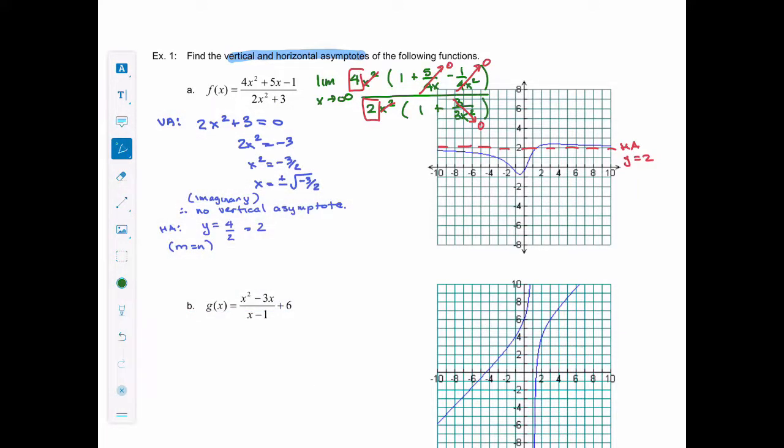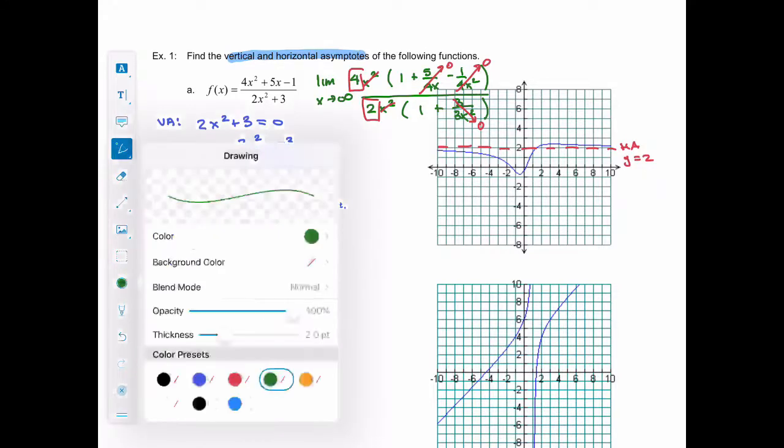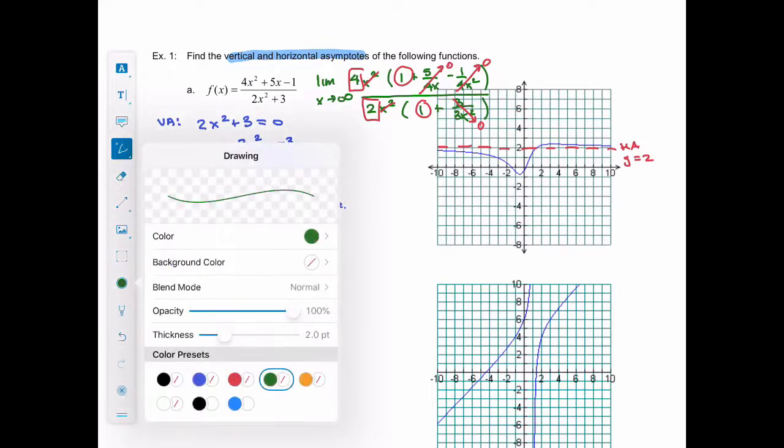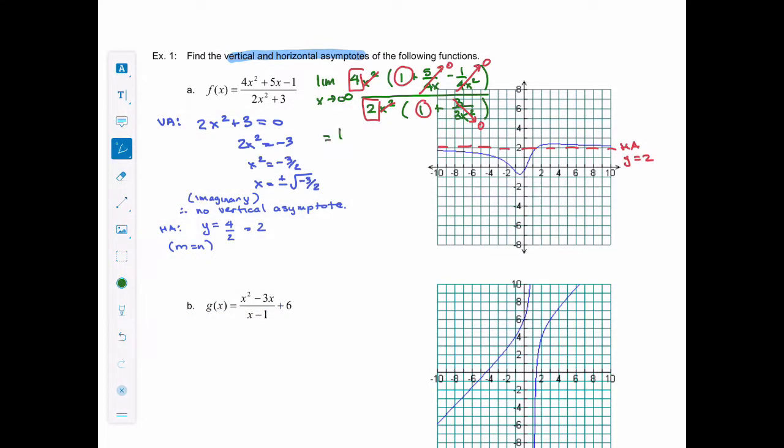So what is left? We have the 1 and we have the 1. So 4 times 1 is basically 4, and 2 times 1 in the denominator is also 2. So really we have the limit of 4 over 2, which is simply 2, which matches up with what we have over here.